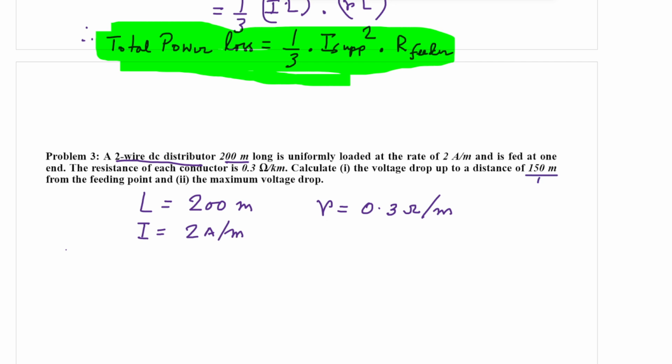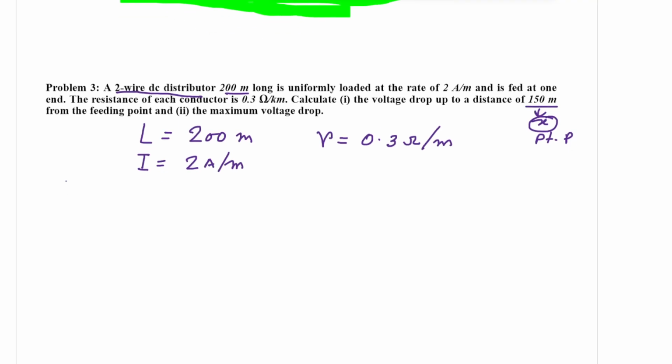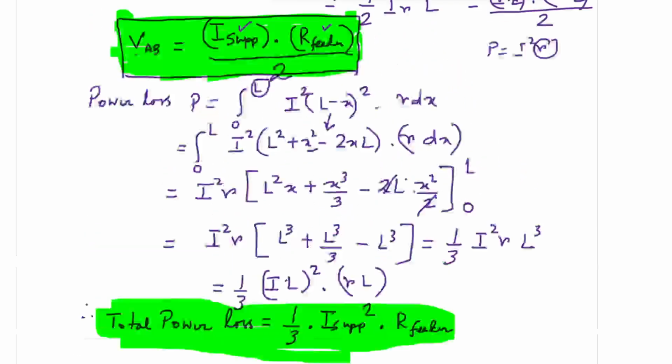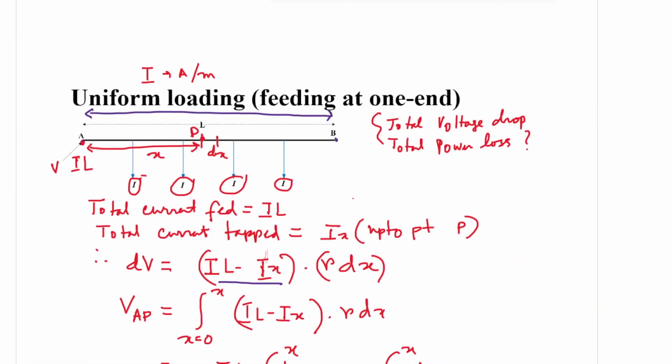So that means you can say this is X, or this is the point P. You can consider your X as 150 meter from the starting point. So this is the point P as per this diagram. In this problem, this entire length is 200 meter and this X is 150 meter.